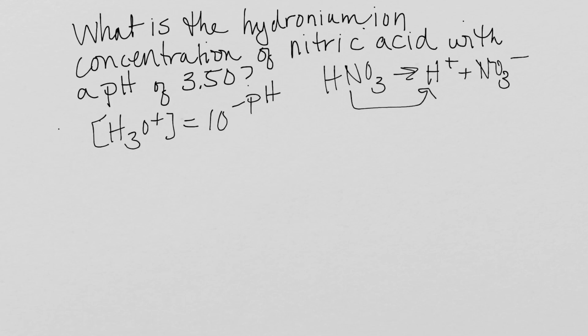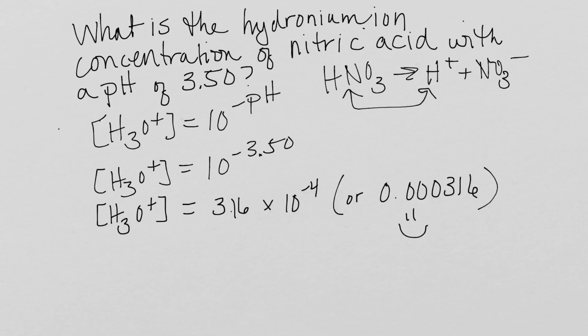And this is a 1-to-1 ratio, so that means that we're good. We don't have to worry about doubling anything. So really, that means that you're just going to plug in 10 to the negative 3.5 into the calculator. When you plug that into your calculator, you get 3.16 times 10 to the negative 4. Or your calculator may spit it out like this, so I just want you to be familiar. This is the same thing.